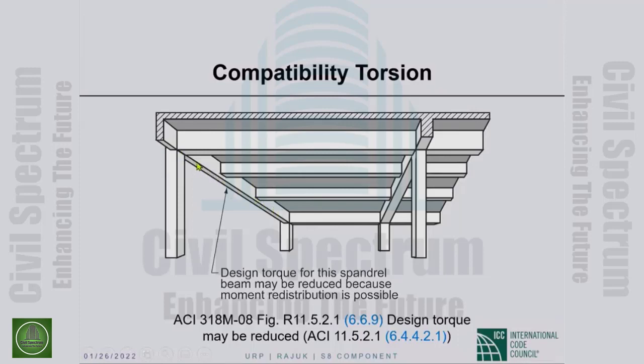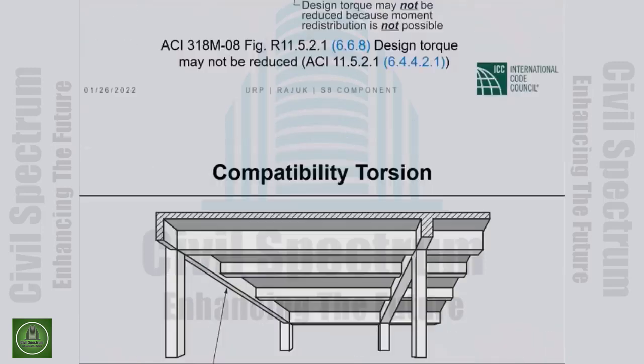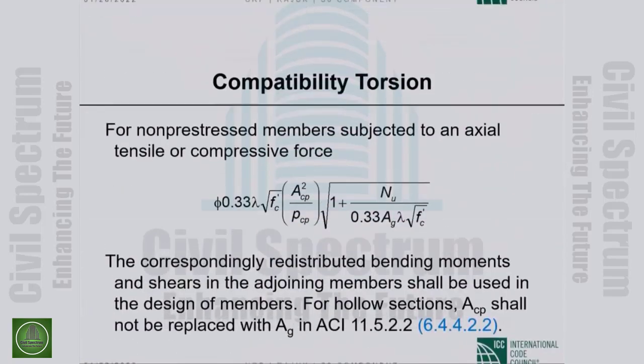However, if we do not design this beam for all the torsion that the beam is subject to, whatever torsion we do not design for will become additional bending moment in those beams and slabs. Okay, it will become additional bending moment in the slab system. There will be redistribution of the torsion that we decide not to design for. This is compatibility torsion, much more common than equilibrium torsion.